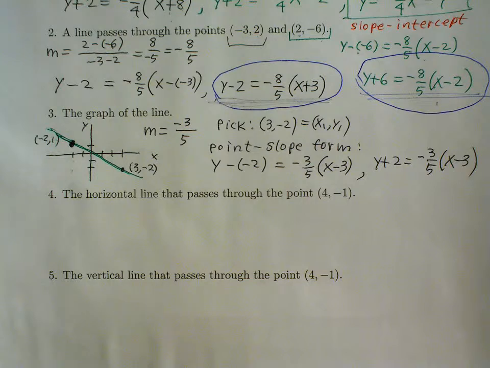What's the equation for the horizontal line that passes through the point 4, -1? So you can type that in. You can do this in 10 seconds probably. Or if it takes more than that, that's okay.